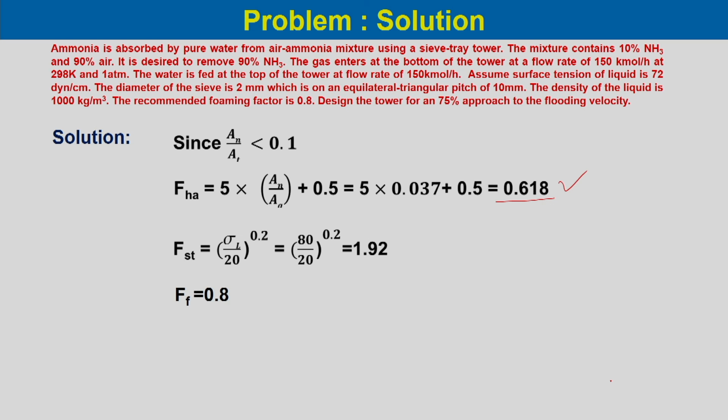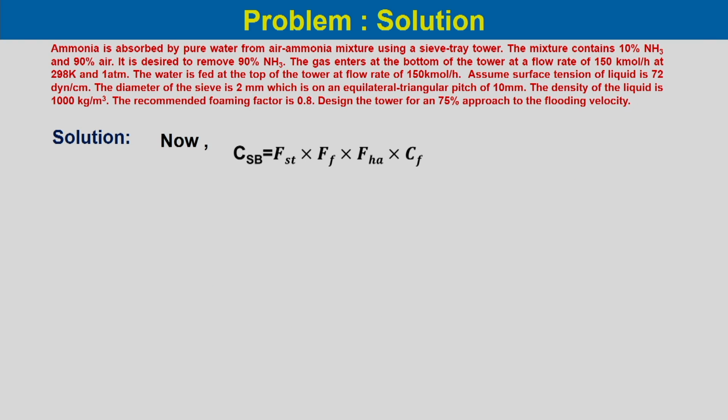FF is the flooding factor, which is equal to 0.8, as given, and CSB we can calculate using this relation. All the parameters FST, FF, FHA and CF are known.